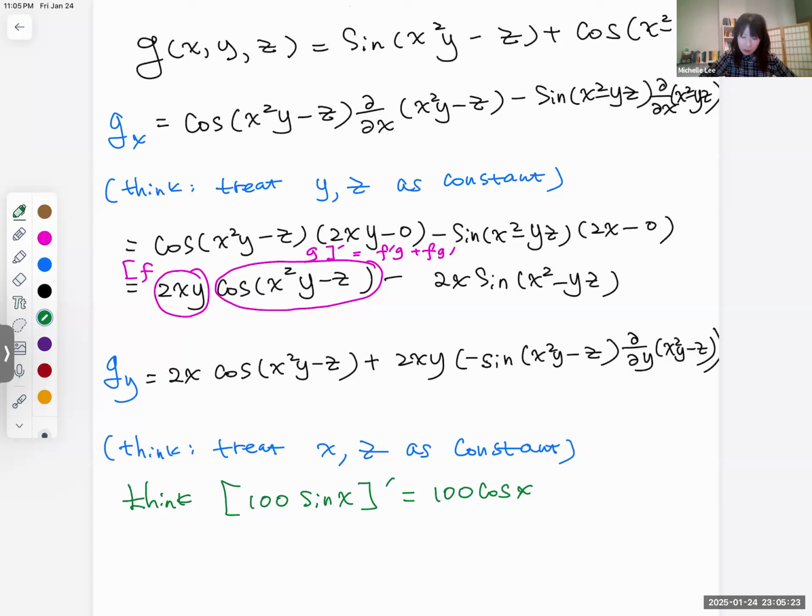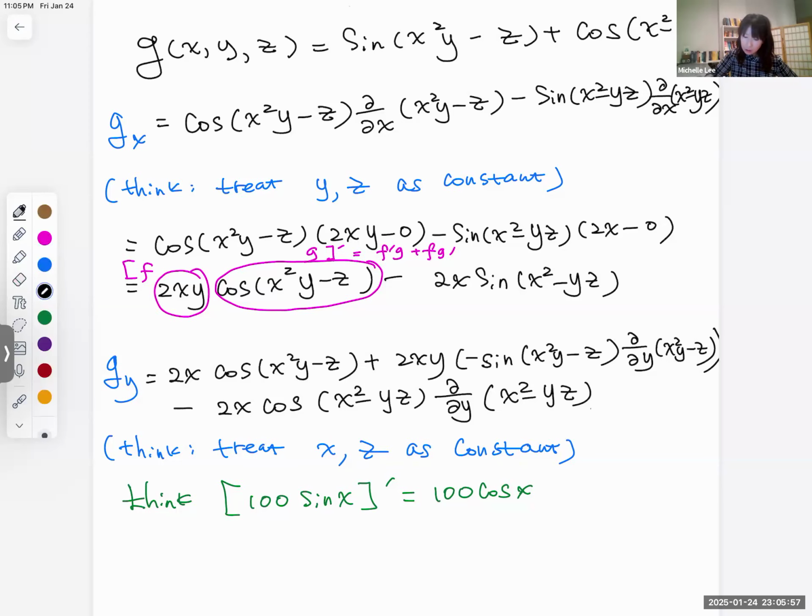So this is just a constant. Second term, that will be negative 2x and the derivative of sine, which is cosine(x²y − z), and the chain rule with respect to y of x²y − z.